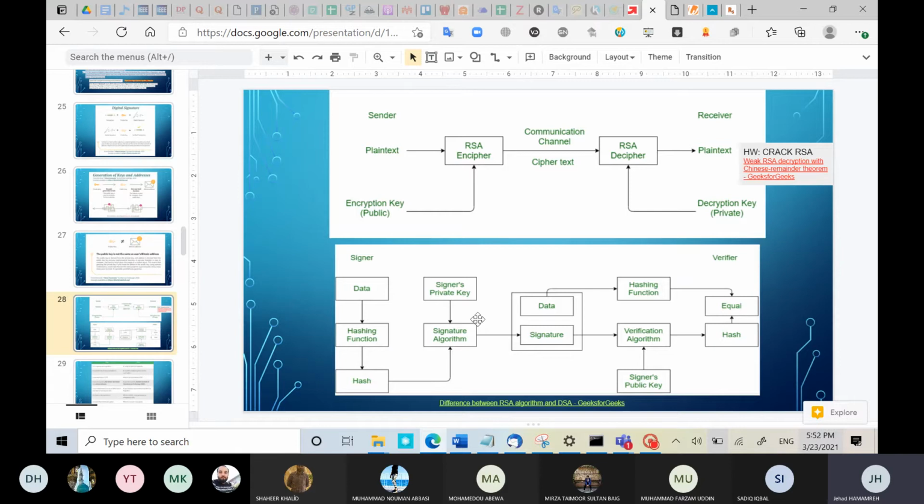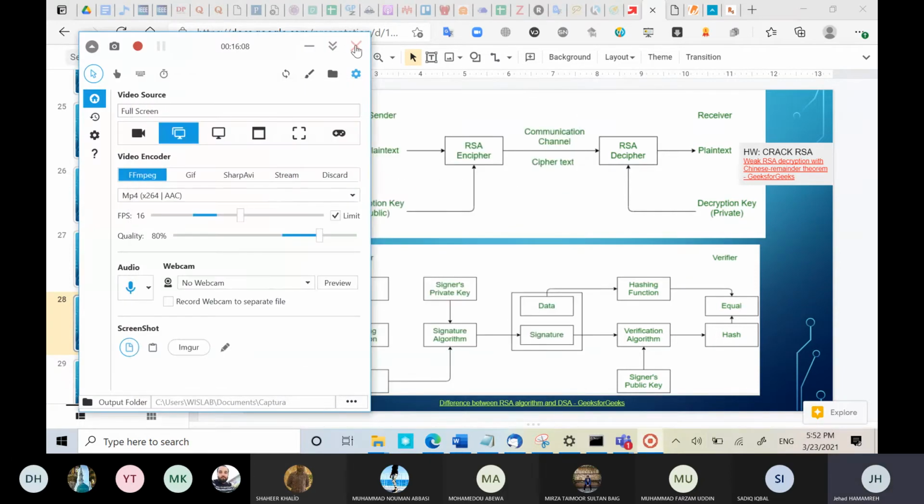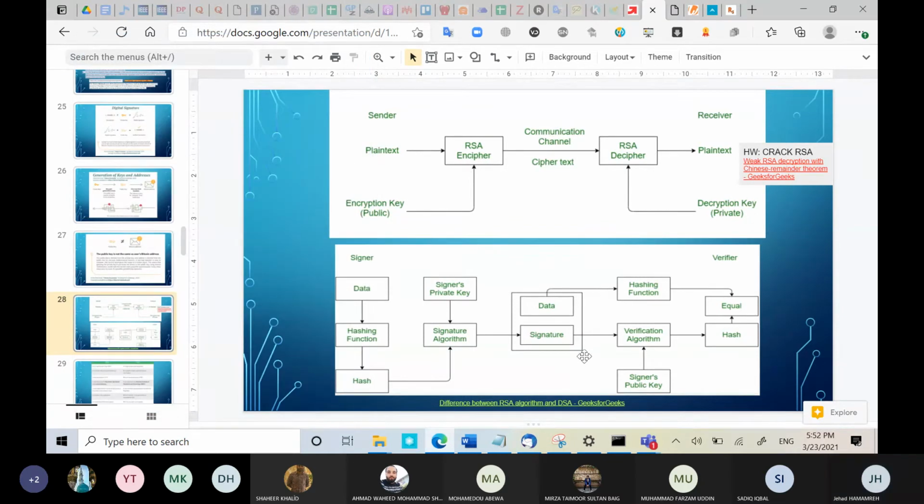Then it goes through a signature algorithm using the signer's private key, and the output of this signature algorithm is sent to the verifier. The verifier uses the signer's public key to verify that this data is coming from the original transmitter.